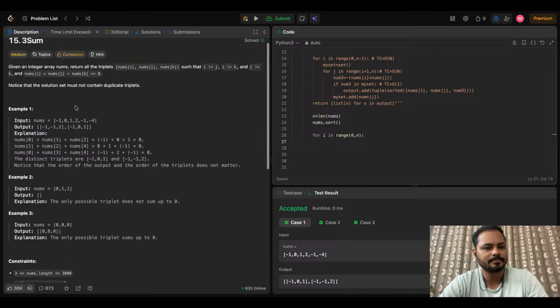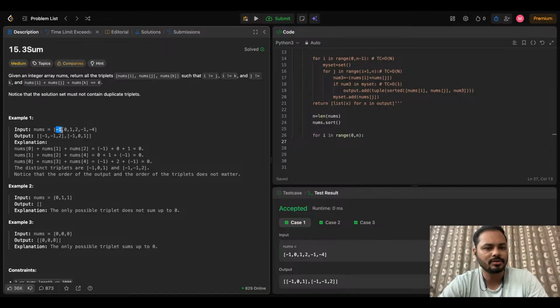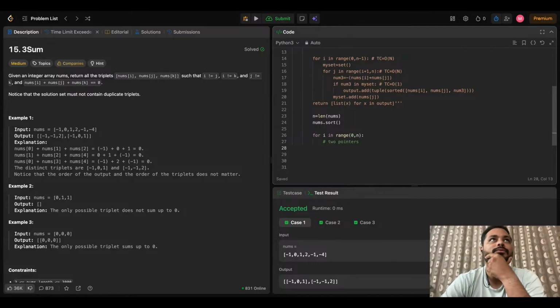Now I'll traverse, and I'll use two pointers, i and j. The idea will be the same.